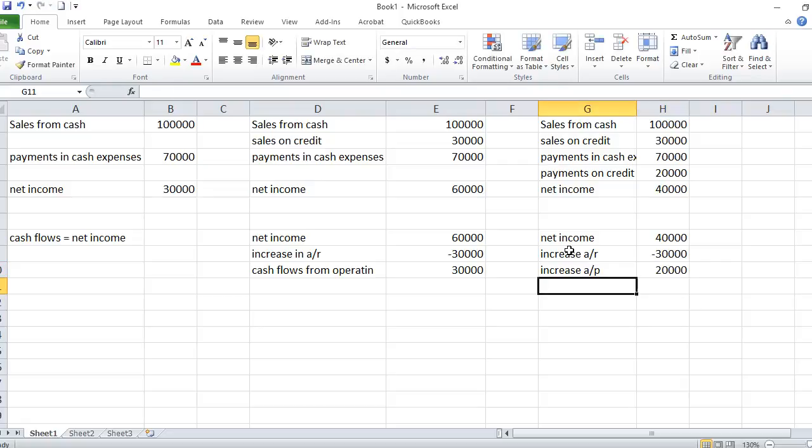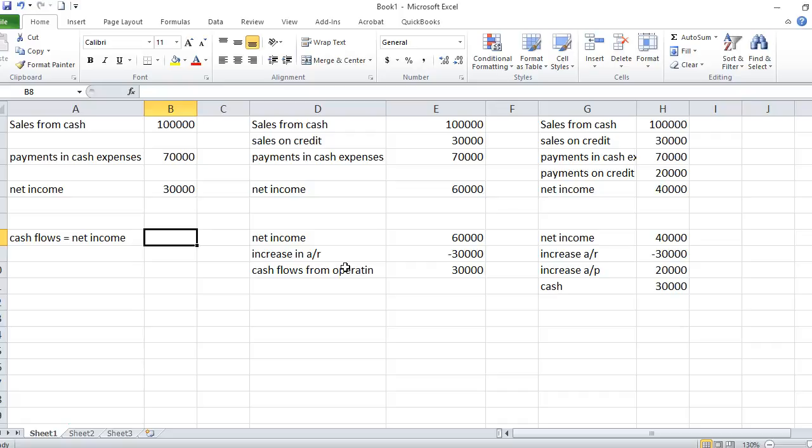The difference, cash, 30. You see how it's going to be the same as over here? But whenever we do things without cash, we need to adjust it to come up with what really the cash is that exchanged hands during the period.